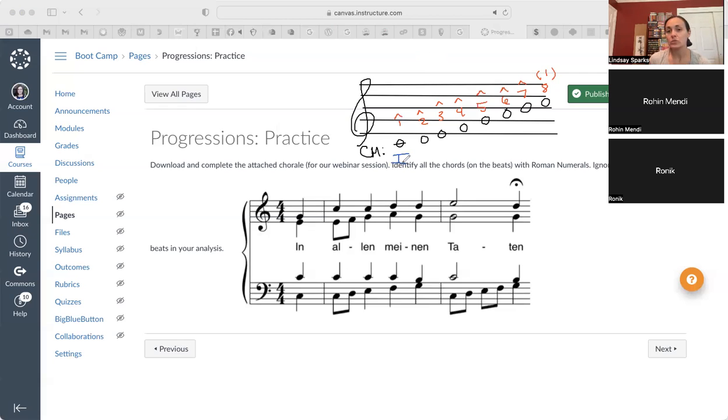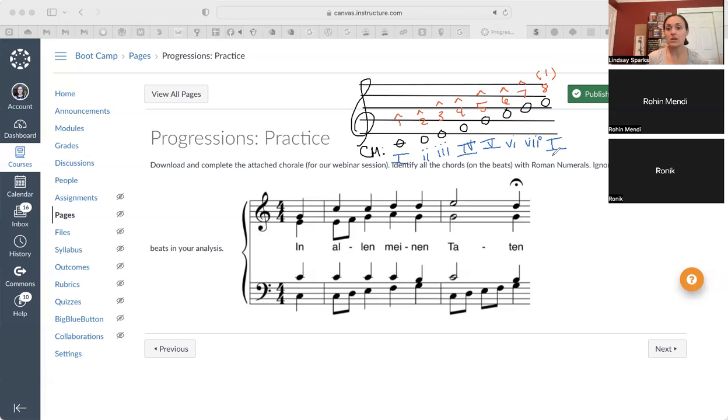So this is Roman numeral 1, 2, 3, 4, 5, 6, 7, and 8, and we go back to 1, just like we did for the scale degrees. In putting these labels on, we're assigning function.